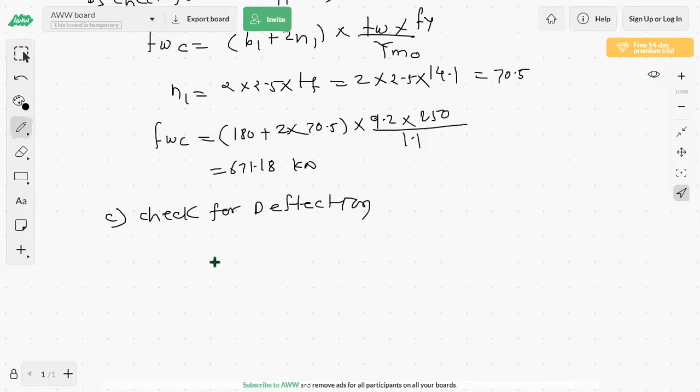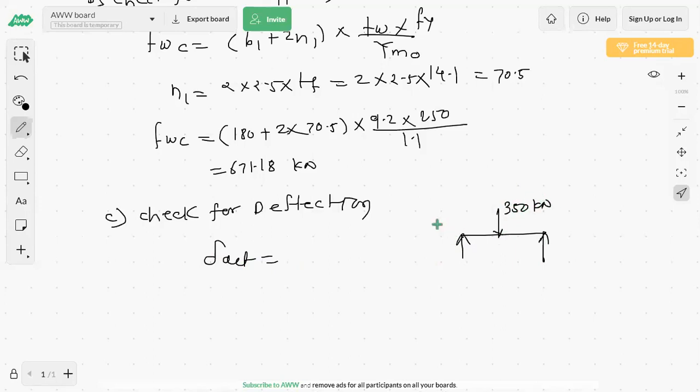So for deflection we have to calculate first delta actual, the actual deflection. The beam is simply supported and a mid-span central point load is given. The point load is I think 350 kilonewton.